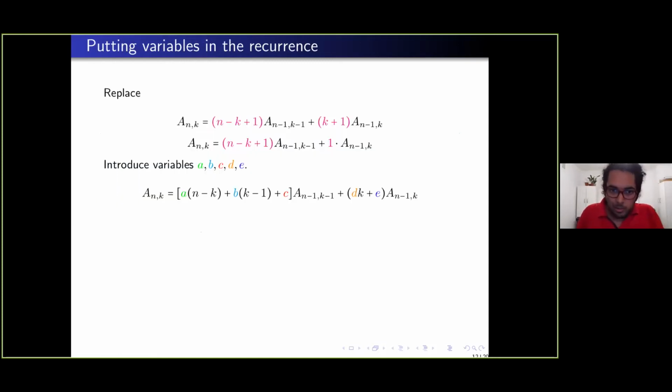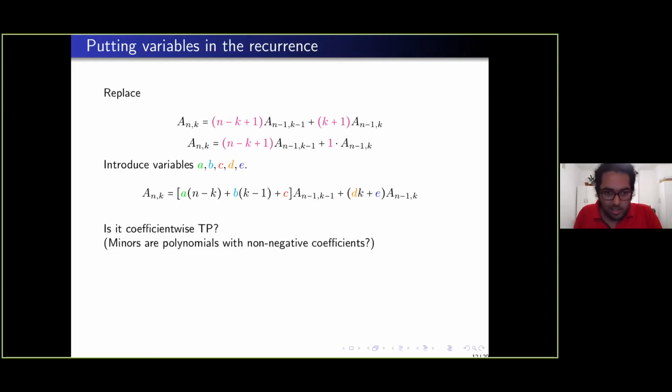So what we do is we take these recurrences and we introduce some variables A, B, C, D, E. We introduce 5 variables, and with certain substitutions you get the first one, and with others we get the second one. And we conjecture that it is coefficient-wise TP, that is, the minors are polynomials with non-negative coefficients.